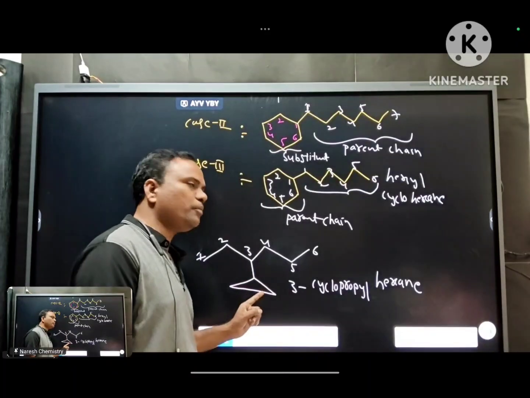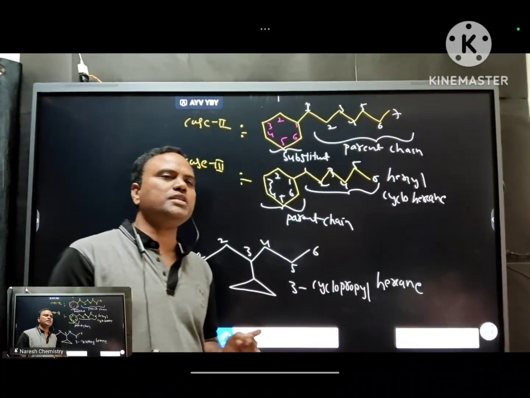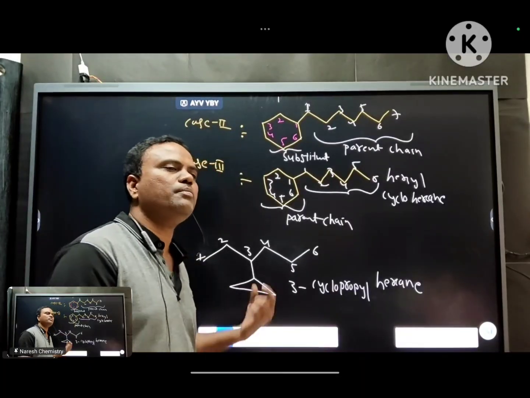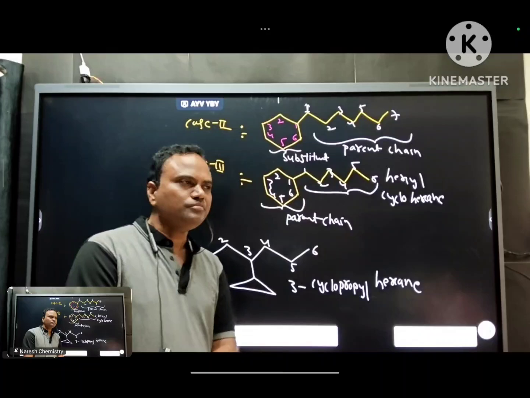At the third position, cyclopropane is present as a substituent. When cyclopropane is present as a substituent, it gets the name cyclopropyl. Cyclopropyl hexane.